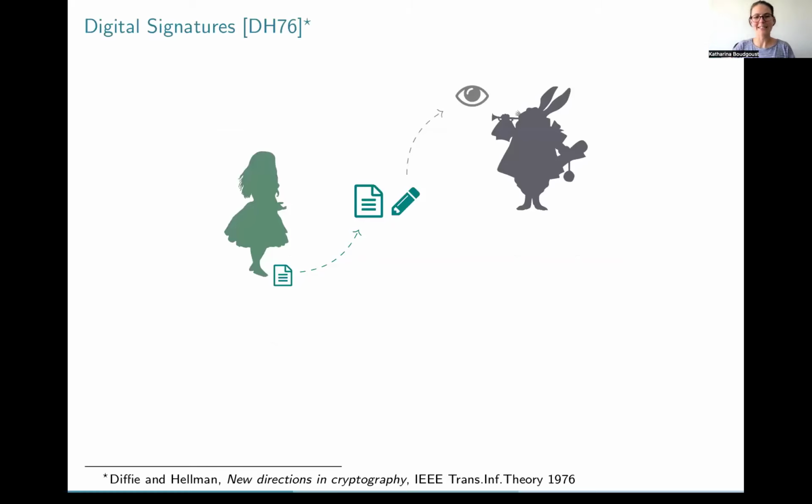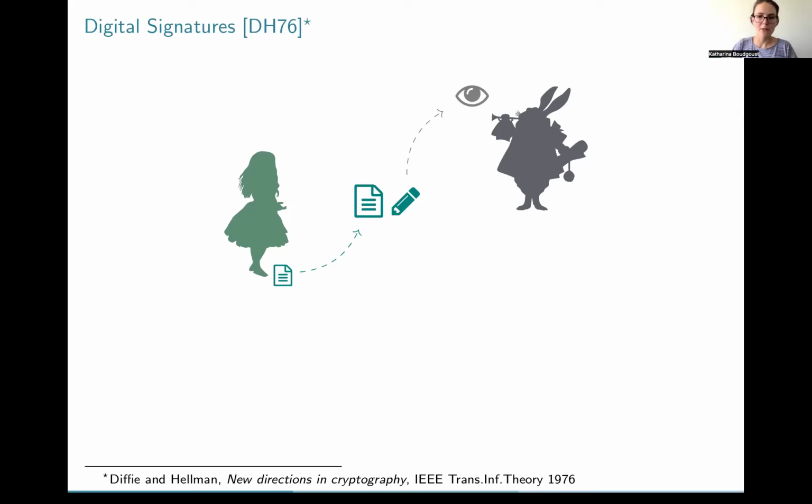But now to science. I want to talk about digital signatures today. As everyone knows, they were introduced by Diffie and Hellman in '76. The setting is that we have Alice, who has a message, and then she provides a signature that authenticates that she signs this message.